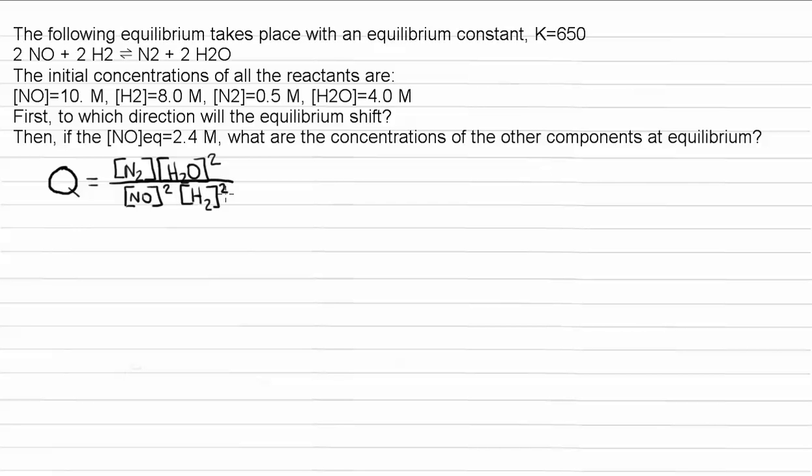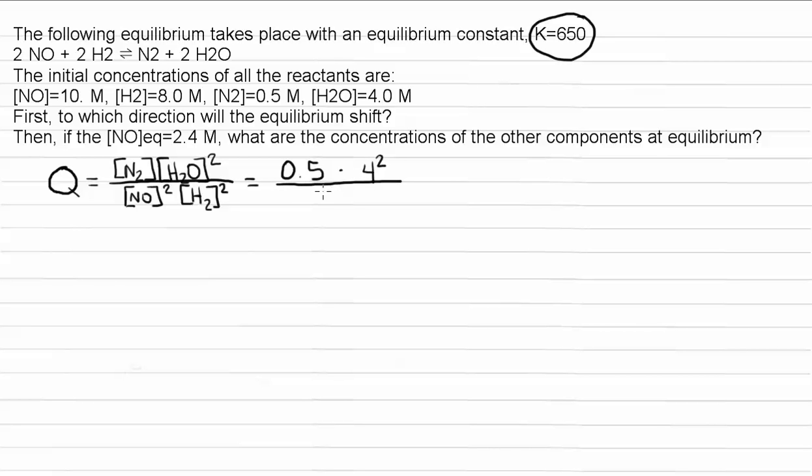So if we're at equilibrium, then our Q is going to be equal to K. Our K is 650. So let's plug in those values and see what our Q expression is. Nitrogen has a concentration of half molar times water has a concentration of 4 molar, and it's squared.